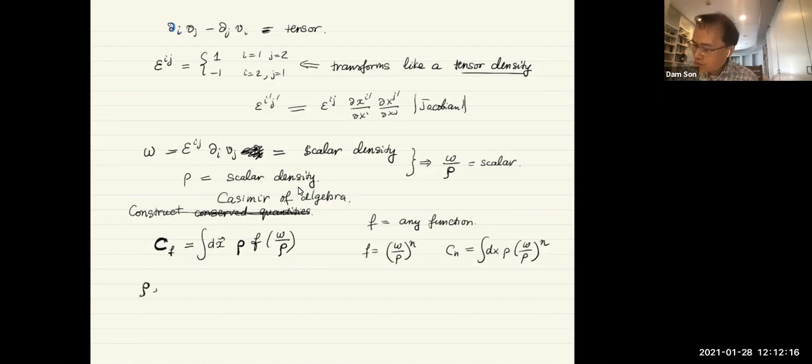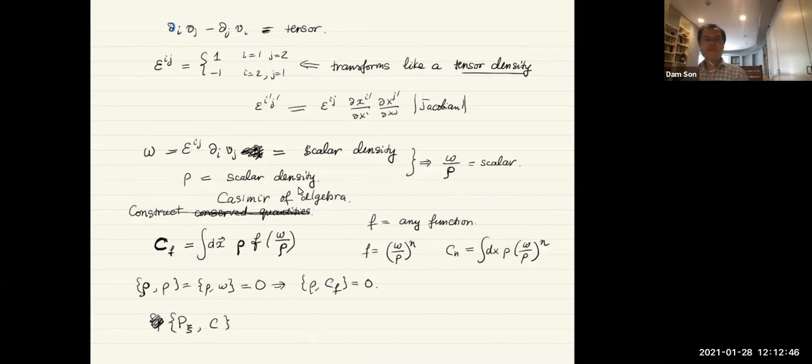Okay, I'm going to show that. Let's recall that the commutator of rho with omega is equal to 0. And so that means rho has to commute with any operator C. All I need to check is the commutator of P with C[f].